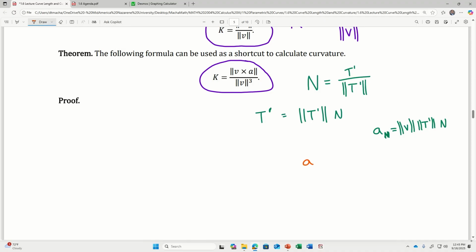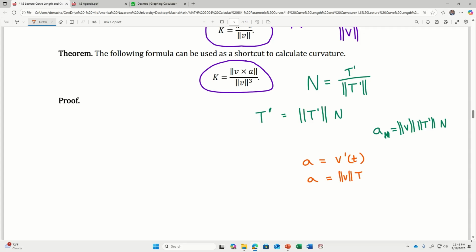We said acceleration is just the derivative of velocity. And velocity is just the speed times the unit tangent vector, because that's the direction that we're traveling in for velocity.